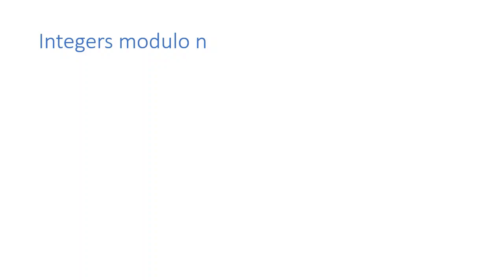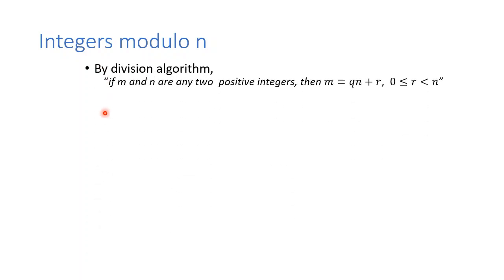Now we shall see the integers modulo n for any general n. By the division algorithm, if m and n are any two positive integers, then m can be written as qn plus r, where this q and r can be obtained by dividing m by n.